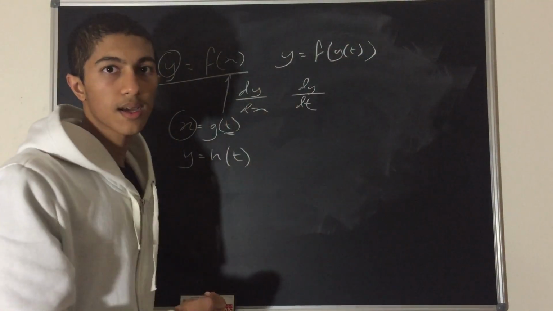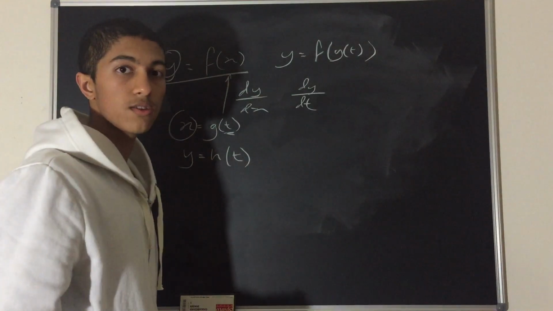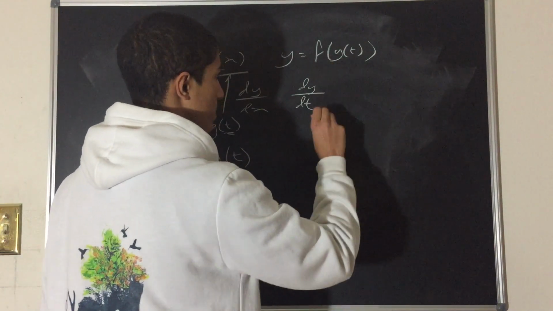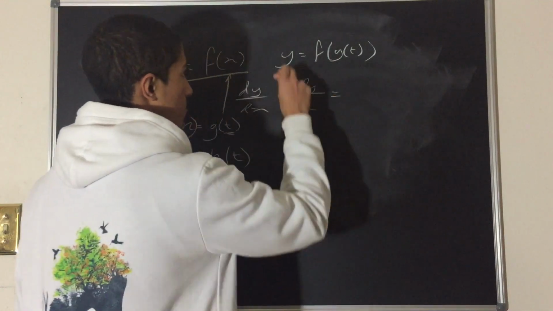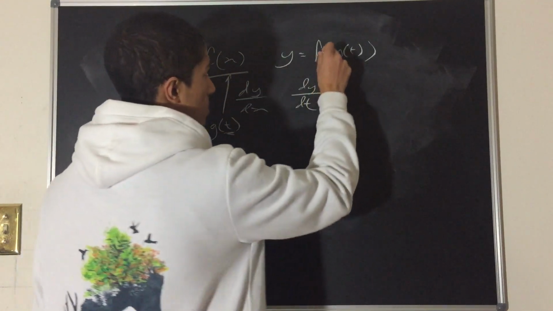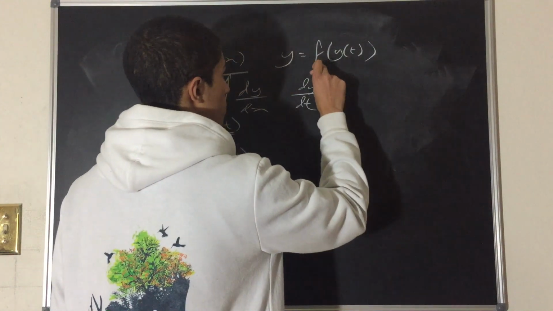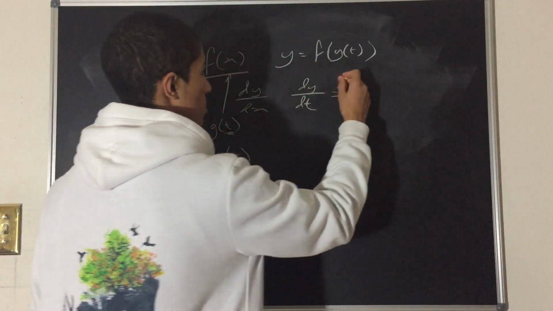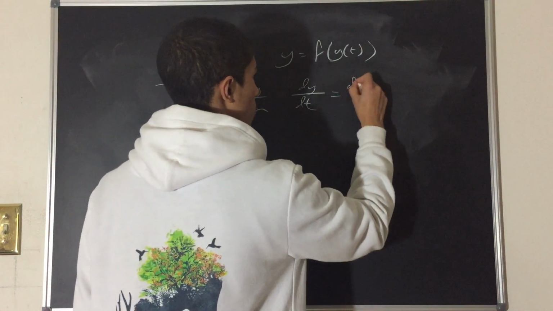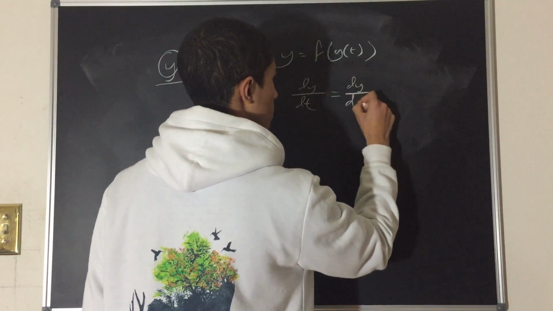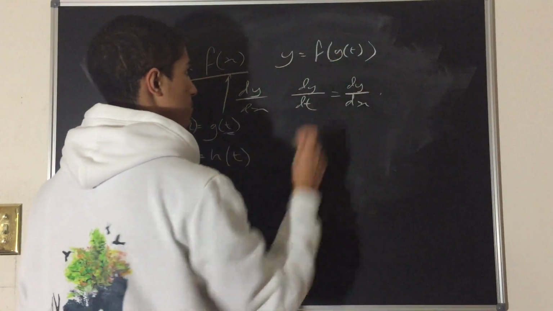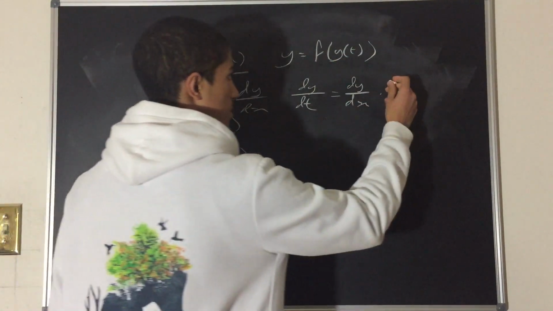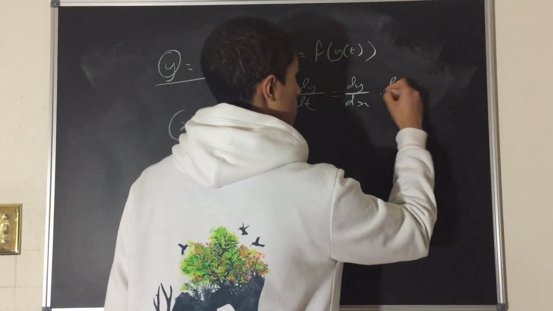And this is a composite function, so I will need to use the chain rule from calculus. What the chain rule says is that if I take the derivative on both sides, then I will take the derivative of what's inside f, which is g of t, so that's x, and so that's going to be dy by dx, multiplied by the inner function, which is g of t, and what's the derivative of x? That's dx by dt.